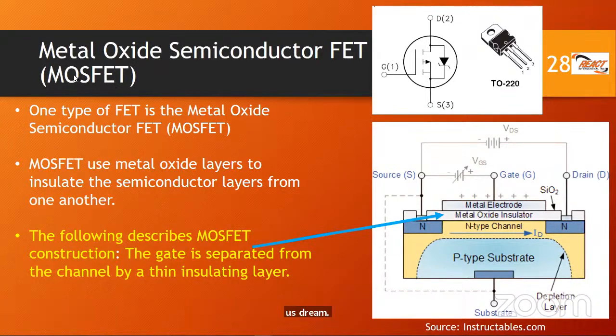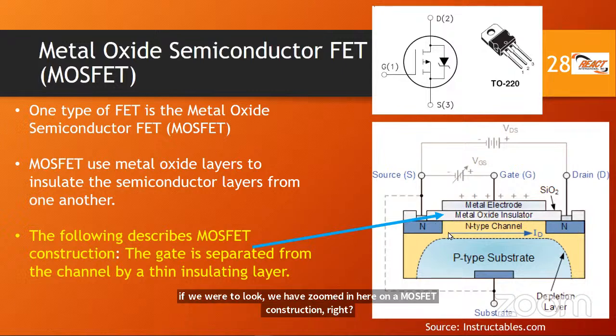MOS is an abbreviation for metal oxide semiconductor, because there's an insulating part on the component itself, constructed of metal oxide, and it acts as an insulator, right? So MOSFET, metal oxide semiconductor FET. If we look, we have zoomed in here on a MOSFET construction, right? We have the reverse substrate and the type of material here.